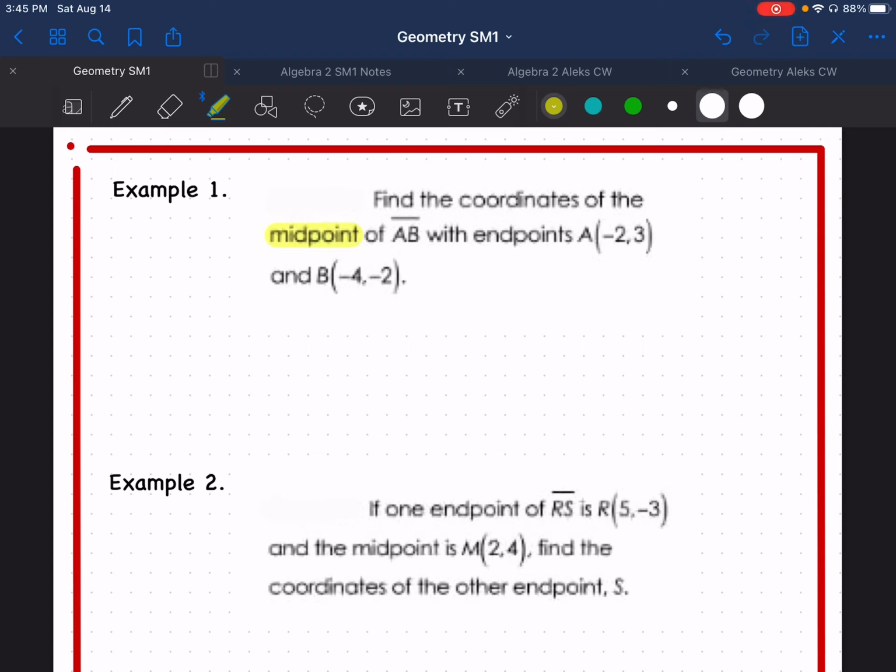I'm also looking to see, are they asking me to find the midpoint or did they give me the midpoint? Because these are the two things that I can do. I can ask you to find it or I can actually give it to you. Notice that it's saying find the coordinates of the midpoint, so I'm just going to use that formula from the last page.